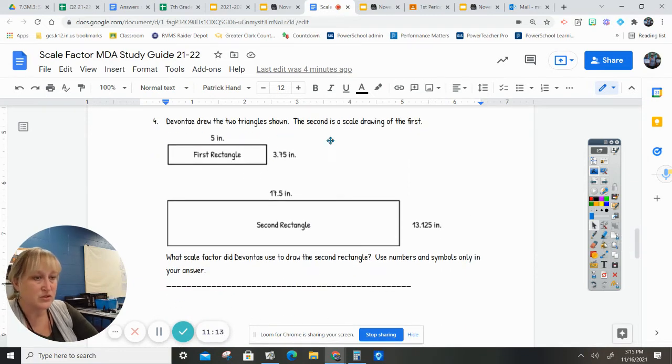All right, Devontae drew the 2 triangles shown. The second is a scale drawing of the first. What scale factor did Devontae use to draw the second rectangle? Use numbers and symbols only in your answer. Well, hey guys, this is very similar to our unit rate or to our proportions.